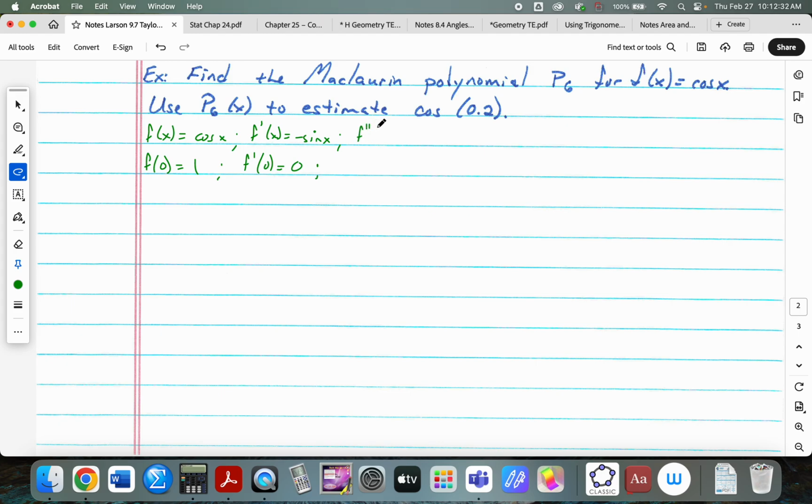We take the second derivative of x, and we're going to get negative cosine of x. So f double prime at 0 is going to be negative 1. Then the third derivative at x is going to be positive sine of x. So the third derivative at 0 is going to be 0.